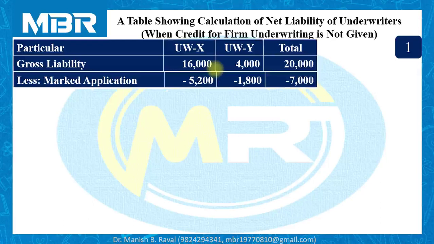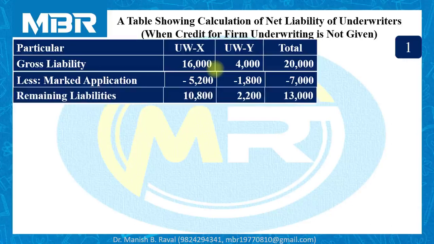Less: marked applications. As I said, we don't want to give any credit to the underwriter for firm underwriting. Marked applications as per the information given to us in our question are 5,200 and 1,800 for X and Y respectively.